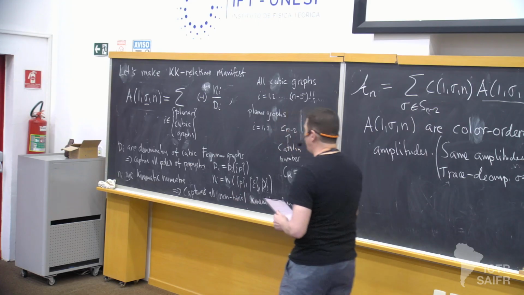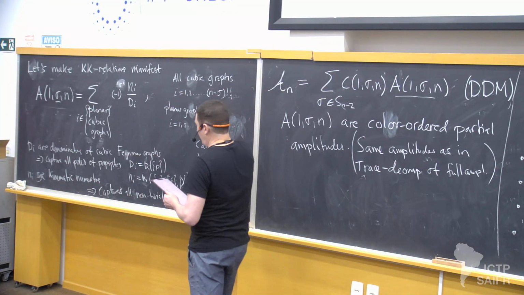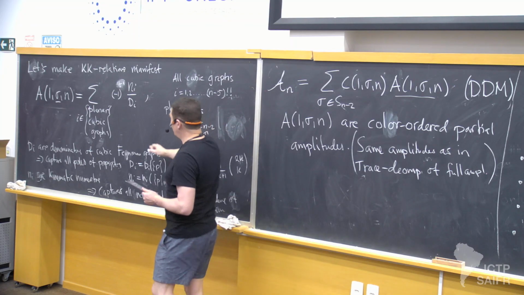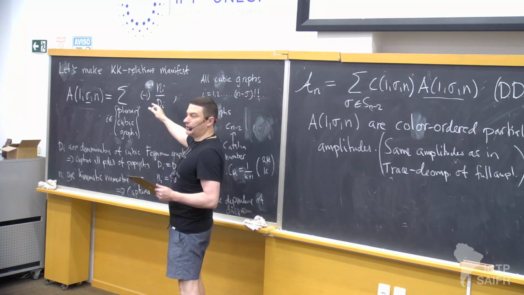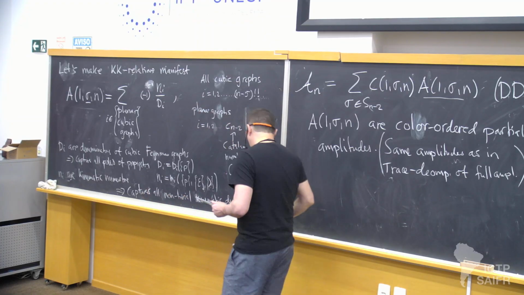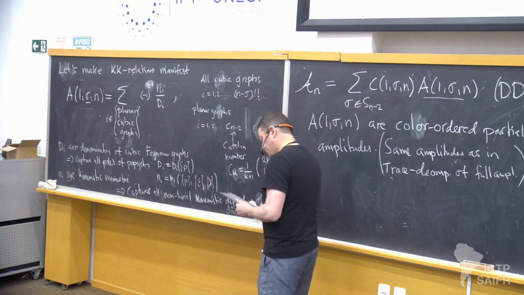Right, so basically what I'm saying here is that for a given graph, you can trivialize the denominators because you know what they are very easily, but the numerator is much trickier to compute.